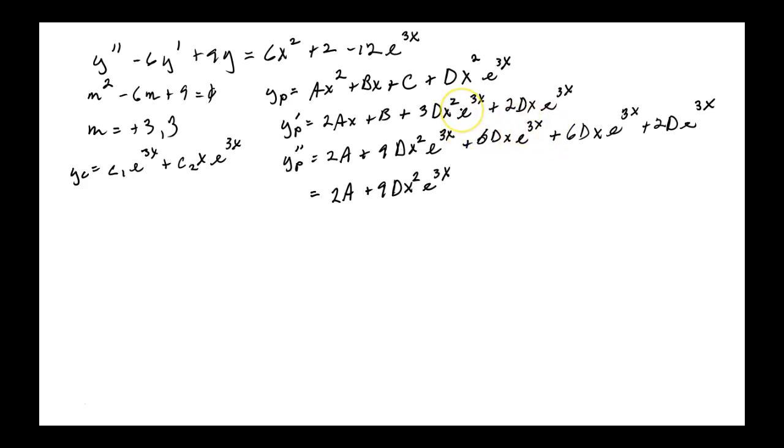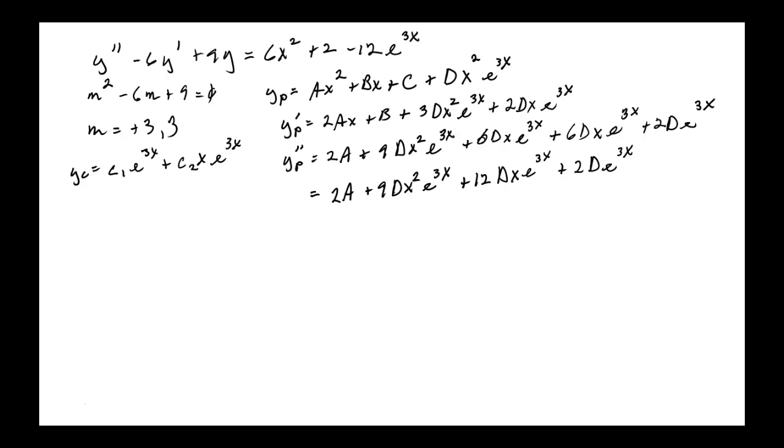But then you got 6dx e to the 3x twice, so that would make plus 12dx e to the 3x, right? Plus 2d e to the 3x. All right. I think we got that as simple as we can. So now we proceed with that, now that we know what y double prime is.